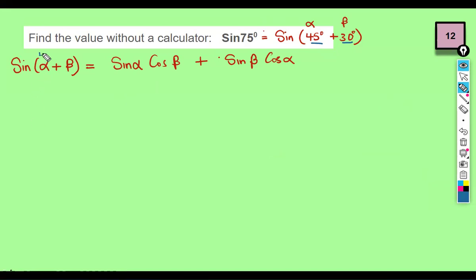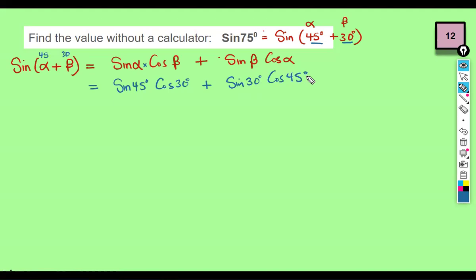Let's write it above here. This is 45 and this is 30. Let's see what we get. This really means sine 45 degrees multiplied by cos 30 degrees. Obviously, there's a secret multiplier in between, but we can just imagine it. Plus sine beta, which is sine 30 degrees, multiplied by cosine 45 degrees. Everyone take down up to there.